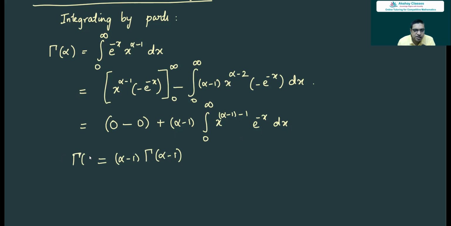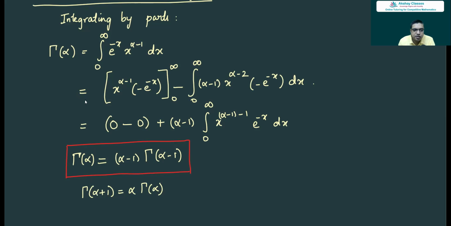So this is an important result. Commonly this equality is also written as gamma of alpha plus 1 is alpha times gamma of alpha.